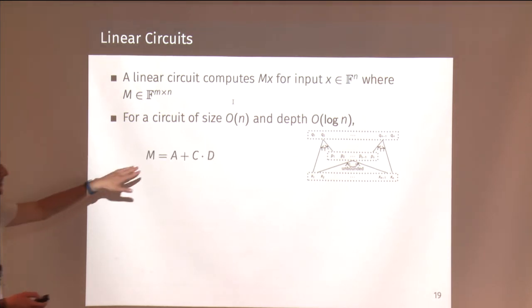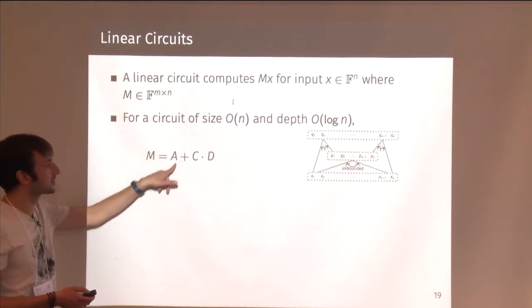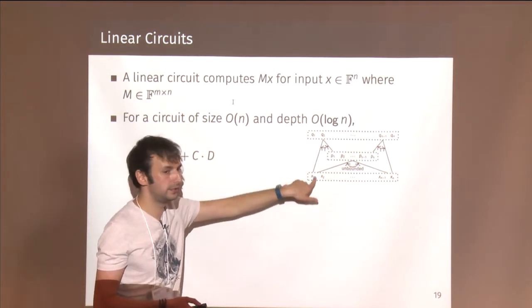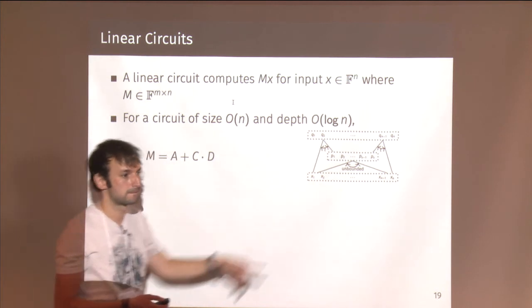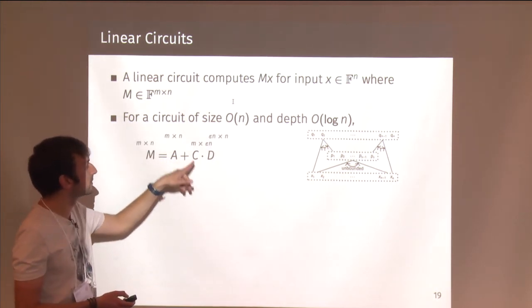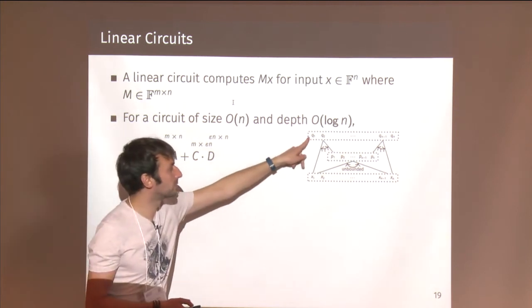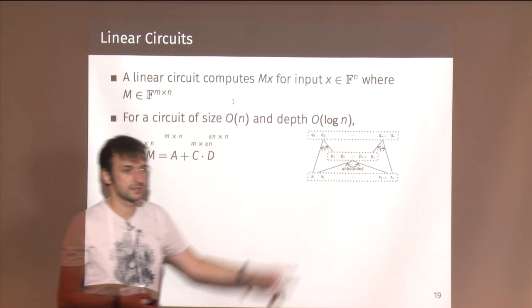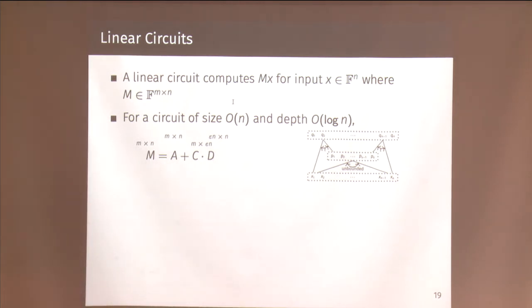If you compute matrix M, in some matrix A, I just write the dependencies of outputs on the inputs. Then matrices C and D encode the dependence of outputs on the memory cells and of the memory cells on the inputs. Since all computations here are linear, I'll just write it in matrix form.